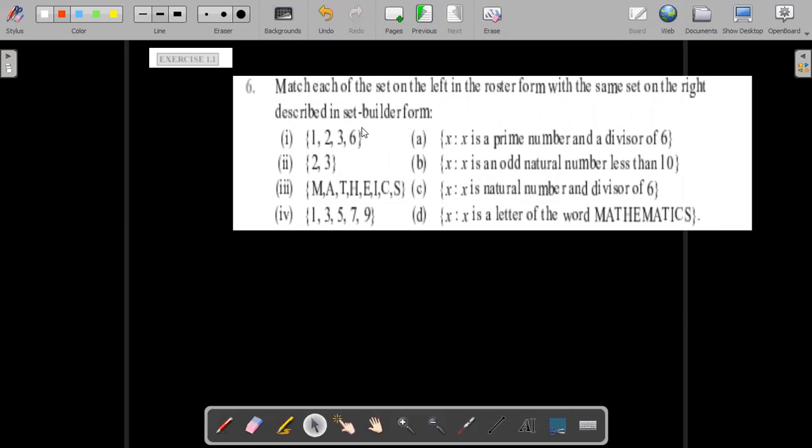So first is 1, 2, 3, 6. X is a natural number and a divisor of 6.